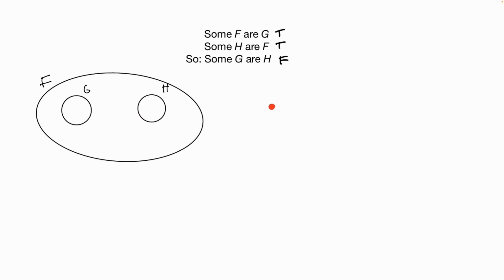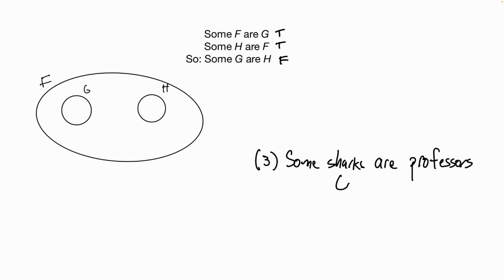So let's say sharks as the category G and professors as the category H. Some sharks are professors. Well, that's obviously false. I could use that as my conclusion. So sharks are used as the category G and professors are being used as the category H.